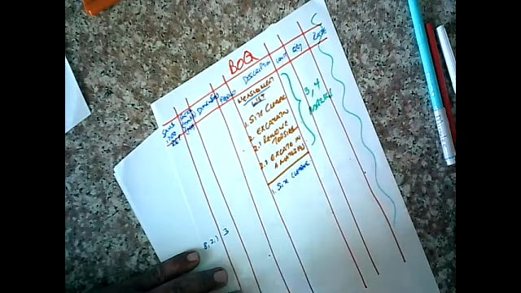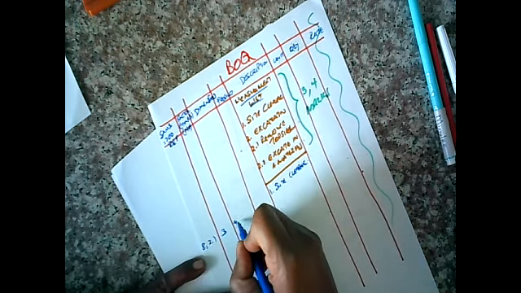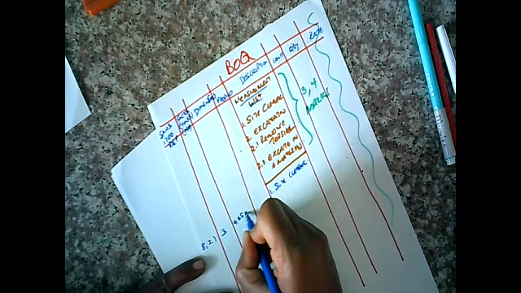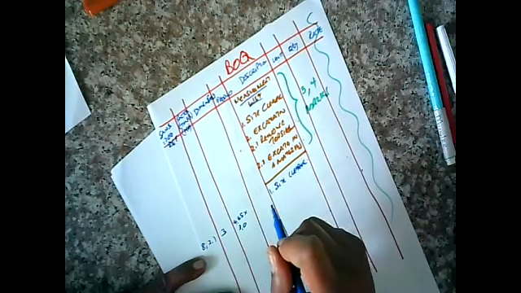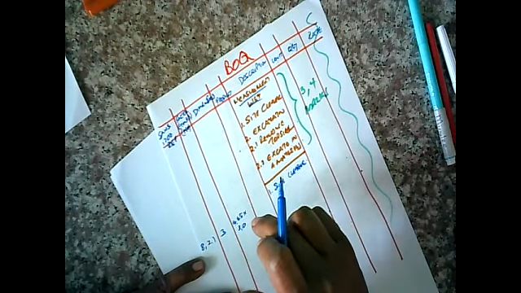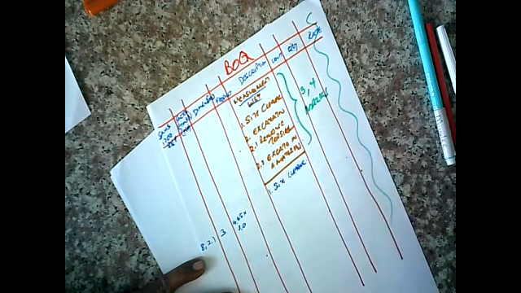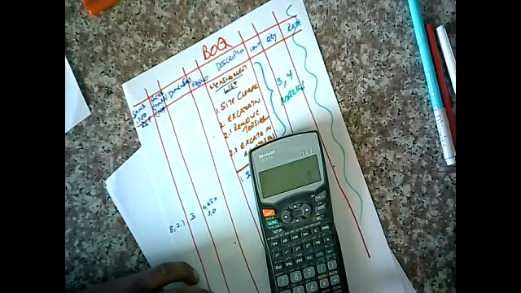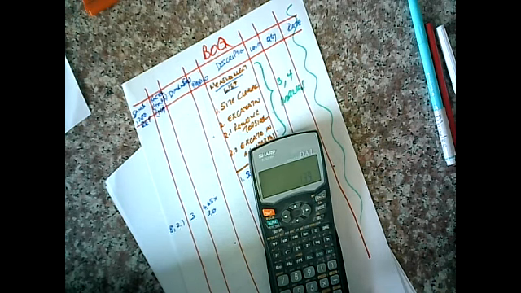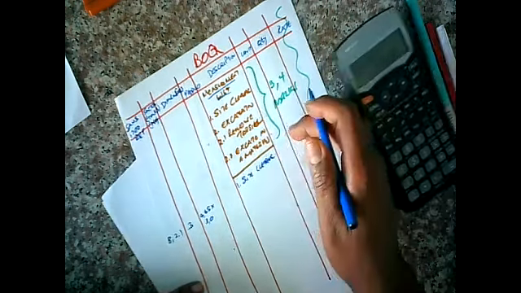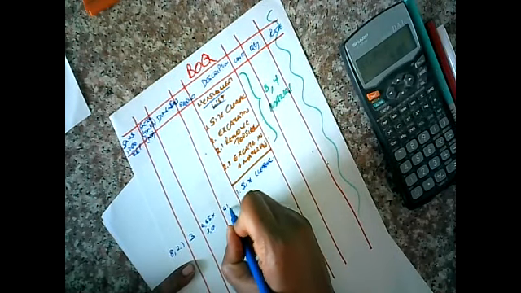How many are there? There's 3 of them. The dimension is 4.65 by 3.0. And if we do that multiplication, 13.95. 13.95 times 3, you're getting 41.85.